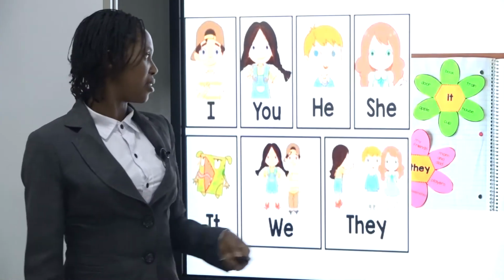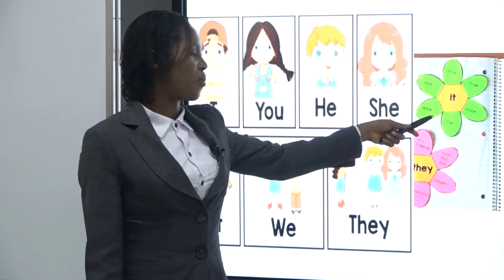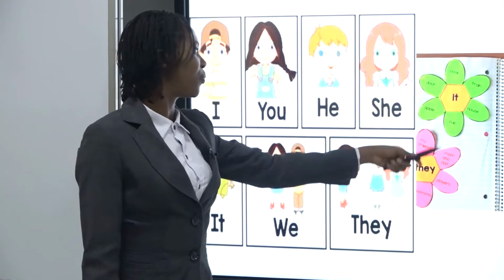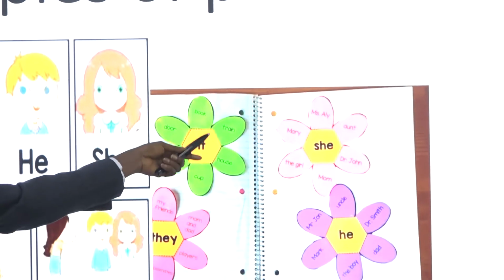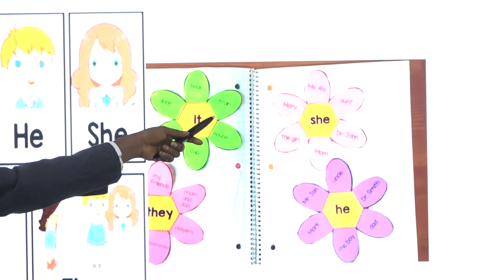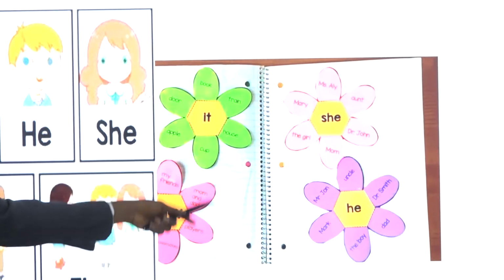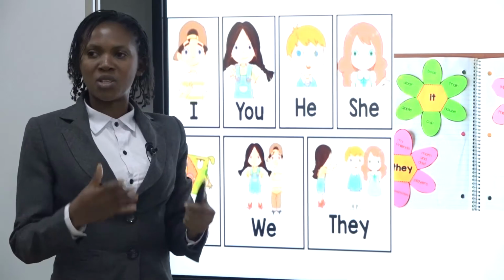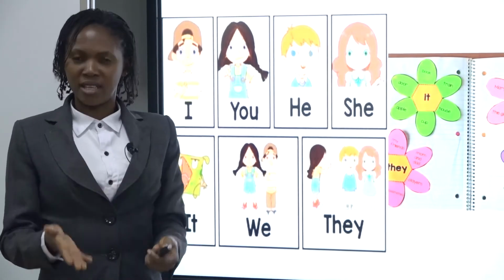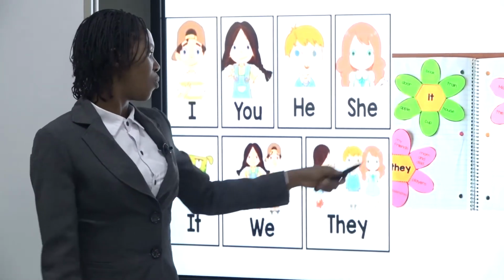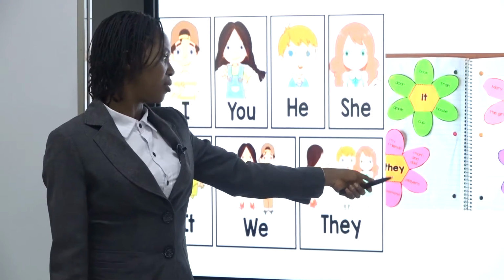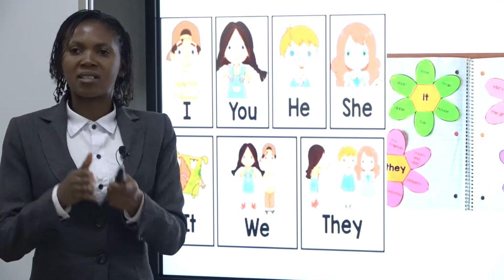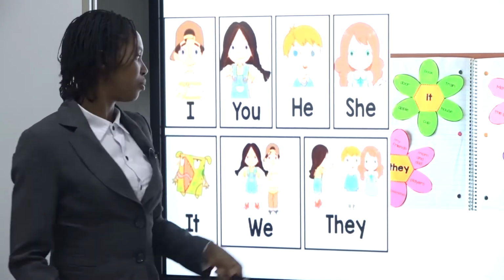It is used for things that are not human, like door, book, train, apple, cup, house. Instead of mentioning those nouns, we can use it to replace them. We also have they. They is used when we are talking about something that is more than one.